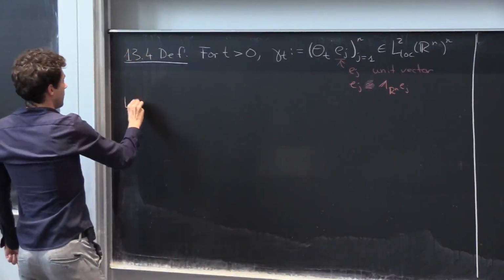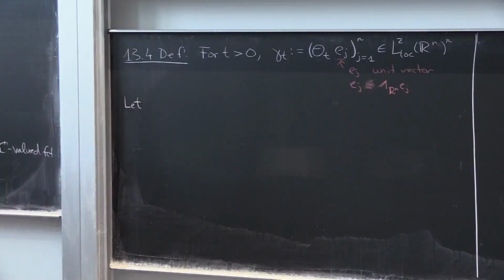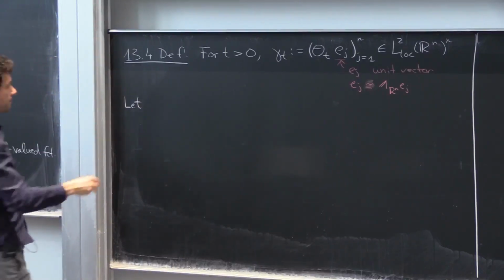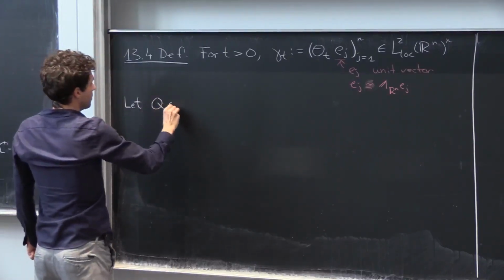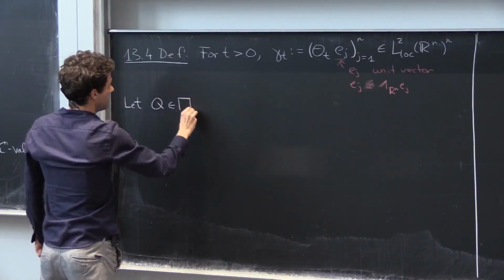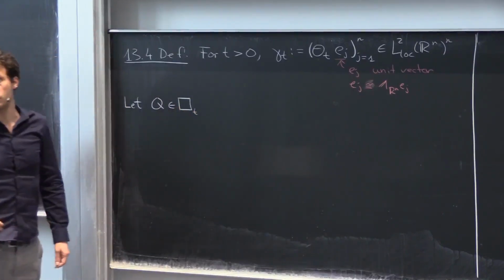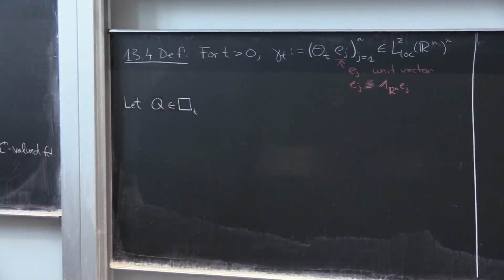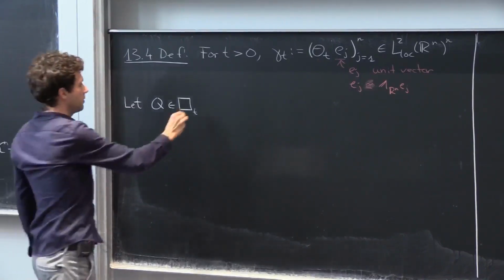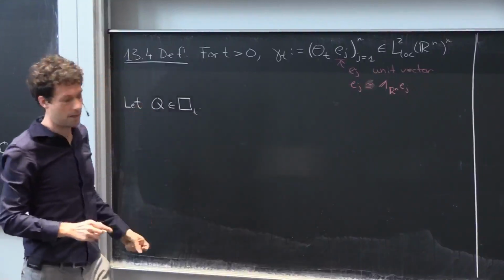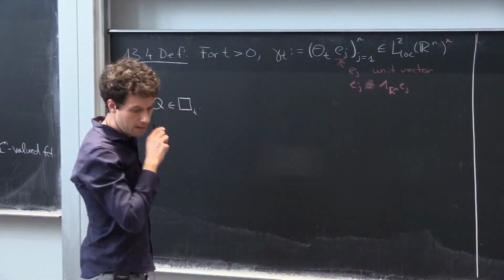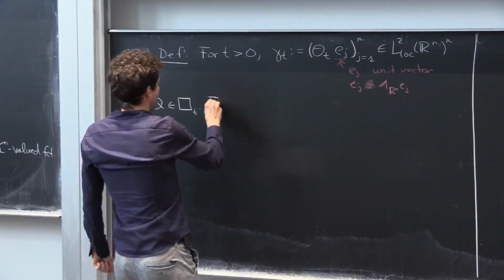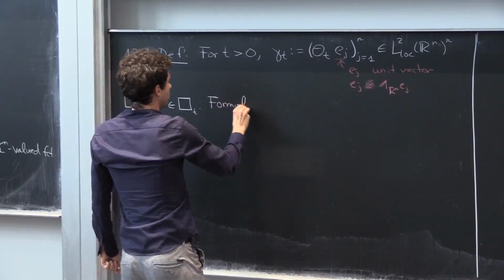And now here is a formula to compute it. I'm first going to compute it only on a cube, a dyadic cube, that is of the same generation as the t in the definition. Well, I'm not going to compute the principal part.